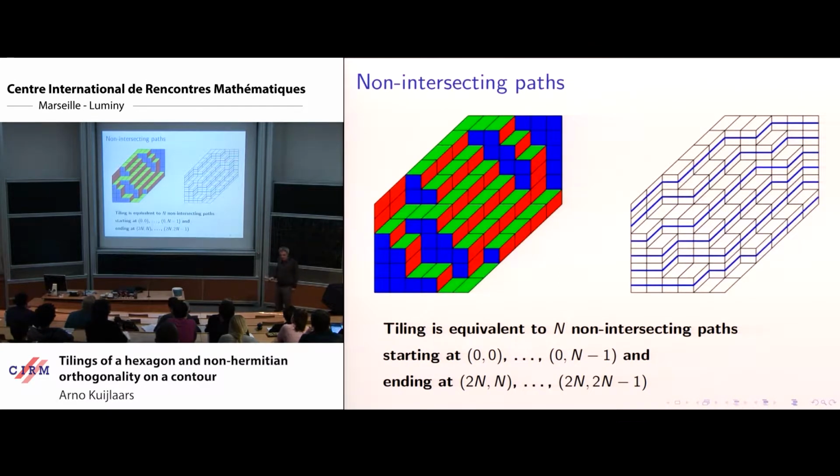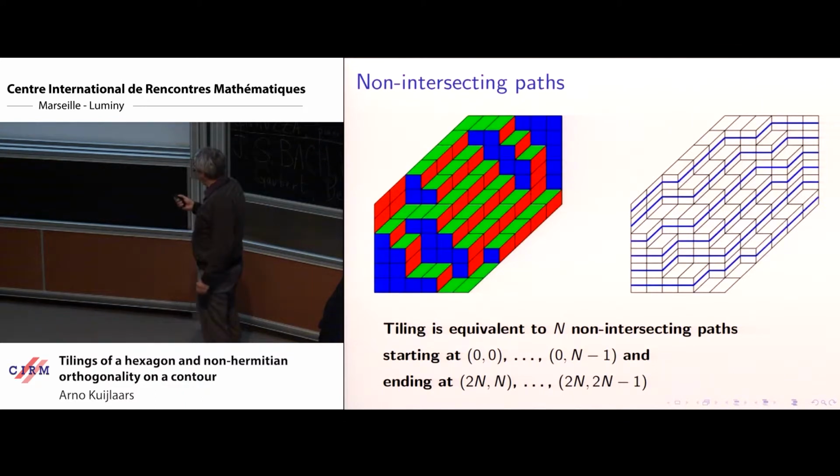Okay, they cannot cross each other. And you can convince yourself that once you have such a system of paths with these initial positions and also given ending positions, and they cannot intersect, this is in one-to-one correspondence with a tiling of this hexagon. Right? So you can also view it in terms of these paths.